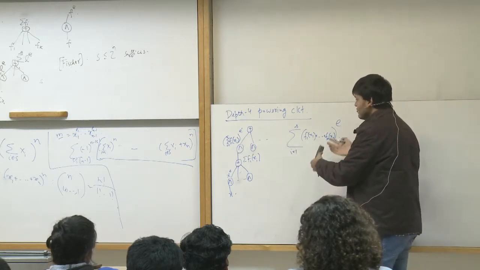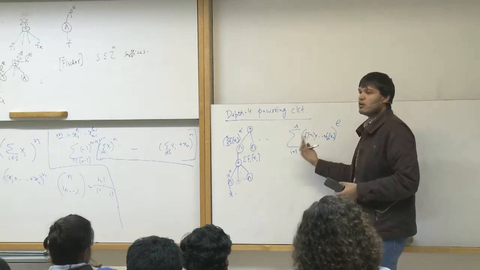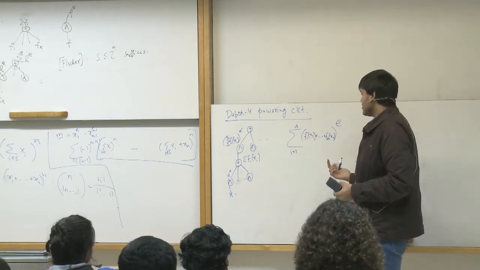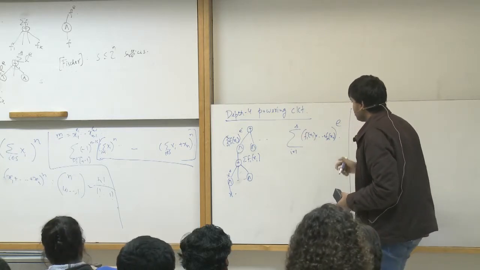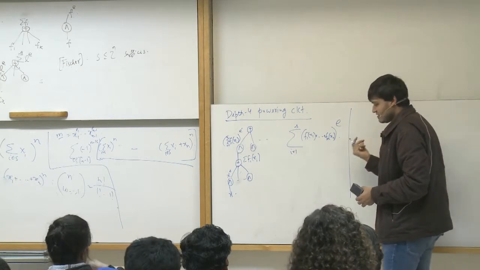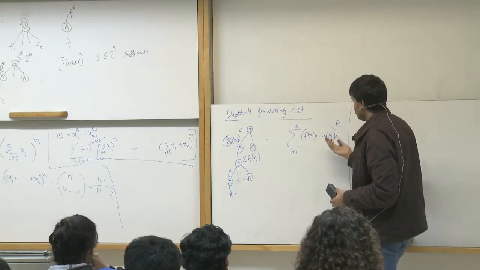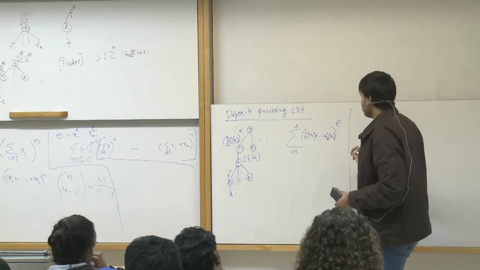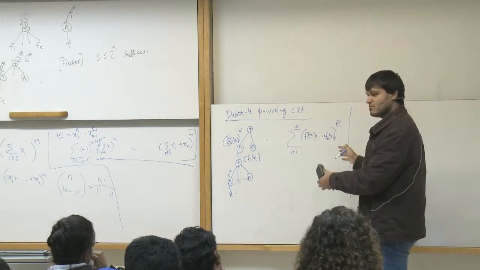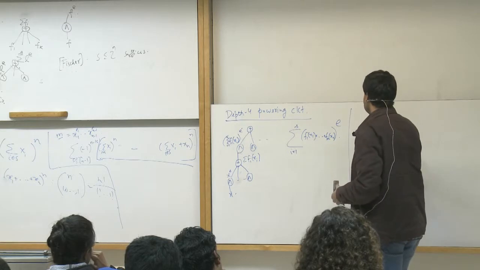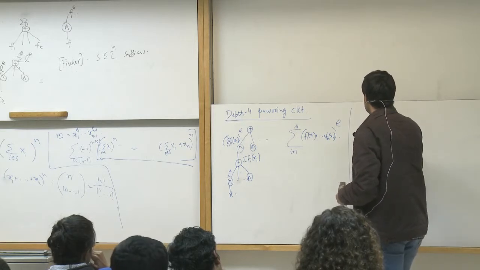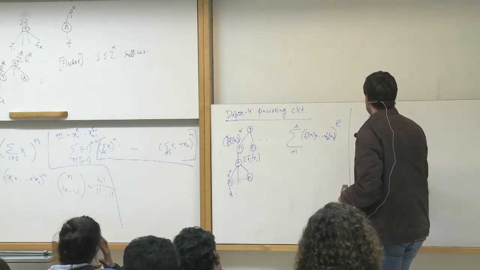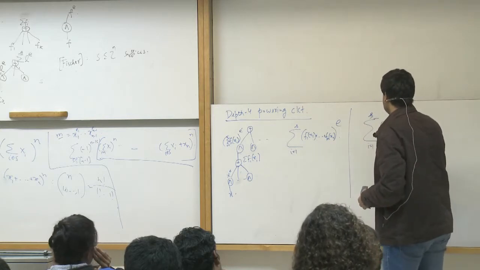And you can ask, can you prove a lower bound for this model? At the time the first lower bound came for this model, there was already a lower bound known for a slightly different model, which was sum of products of univariates.